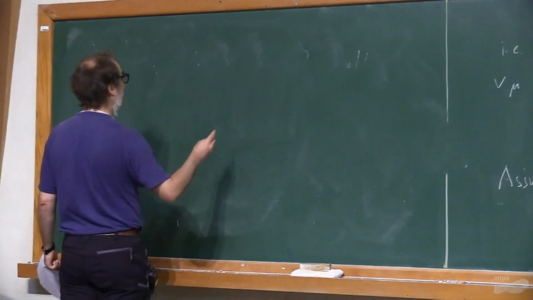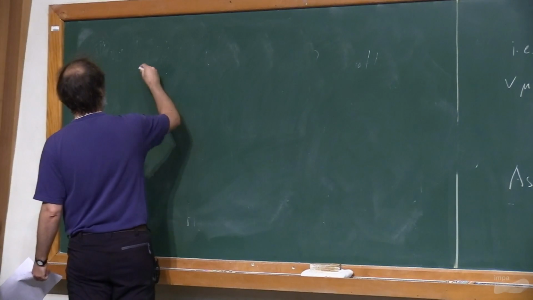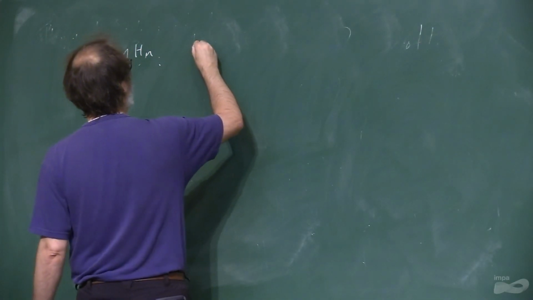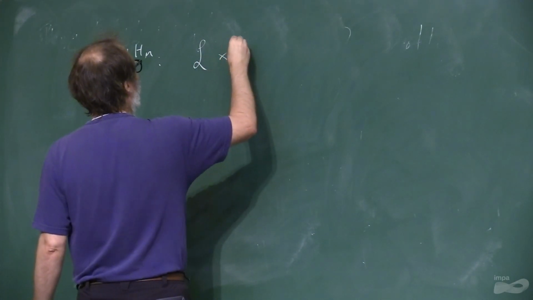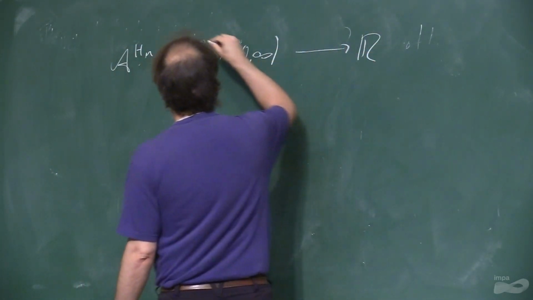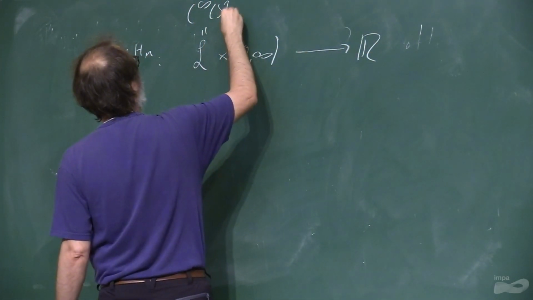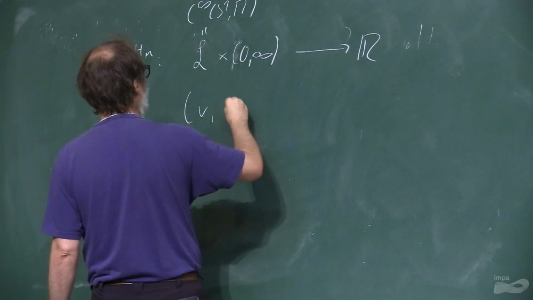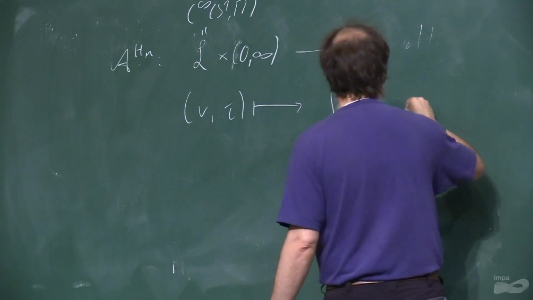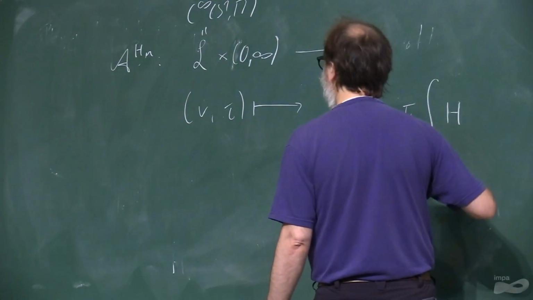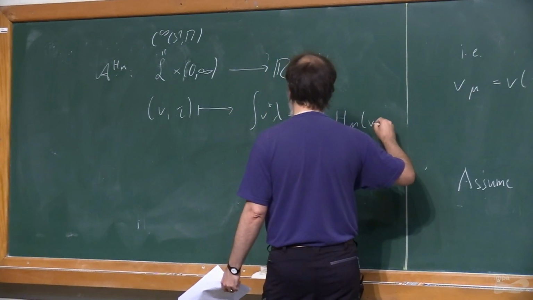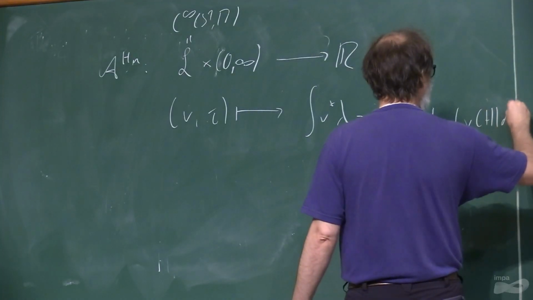So we have A_{H mu}, defined on the free loop space: we have a loop v and a tau, and we map this to the integral of v star lambda minus tau times the integral of H mu of v(t) dt.